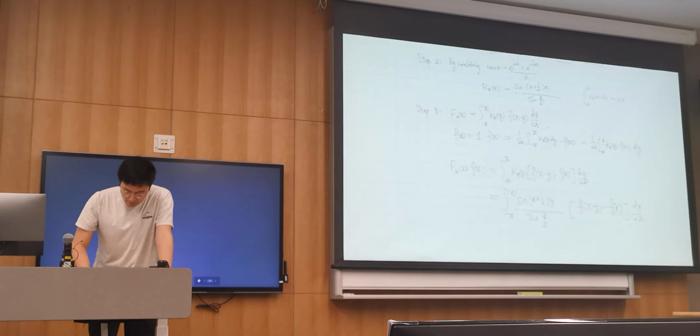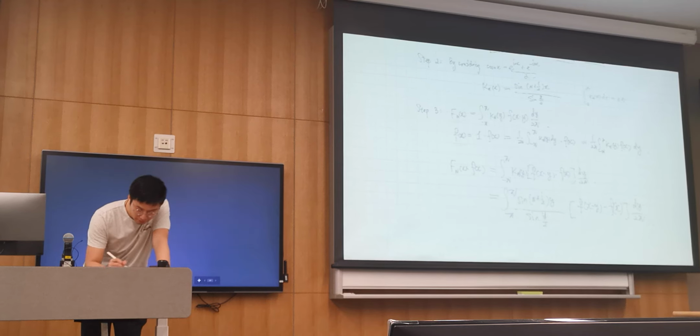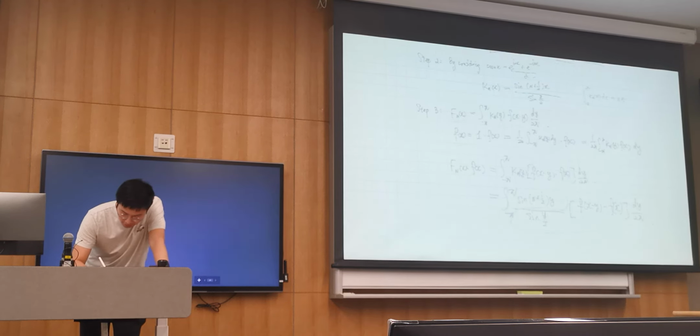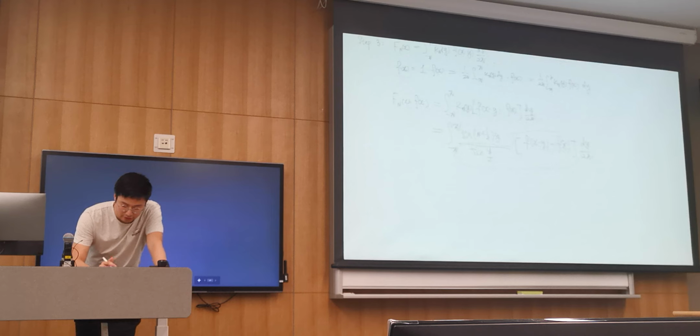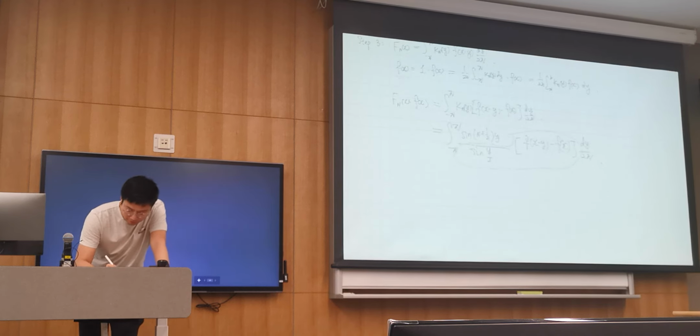By combining these two things together, let me define g(x,y) as f(x minus y) minus f(x) over sine of y over 2.